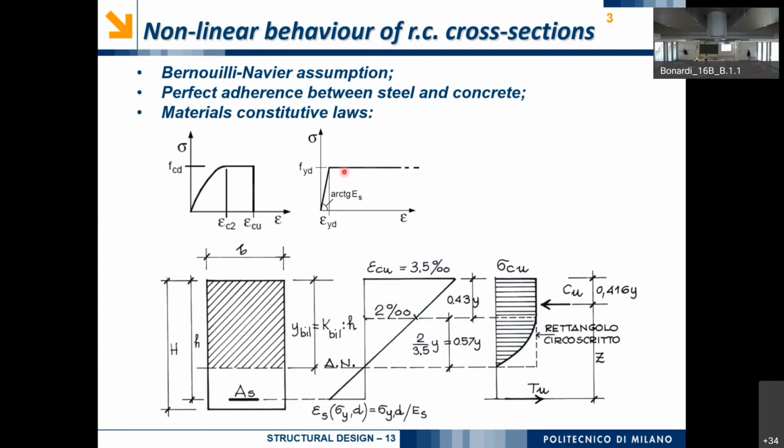If the steel is yielding, so we are already beyond the yielding strain of the steel, the stress will always be equal to Fyd. Otherwise, it will be proportional to the strain. So the resultant force associated with the reinforcement bars will be simply equal to the yielding stress of the steel times the area of the reinforcement. This is true if the steel is yielded.